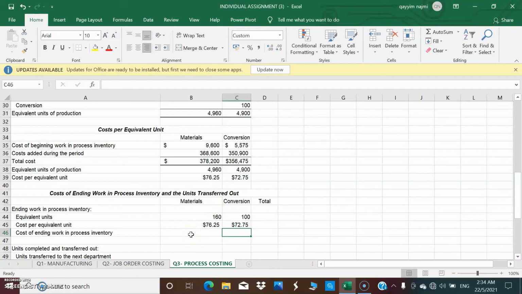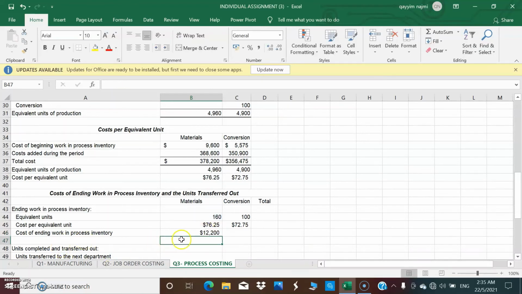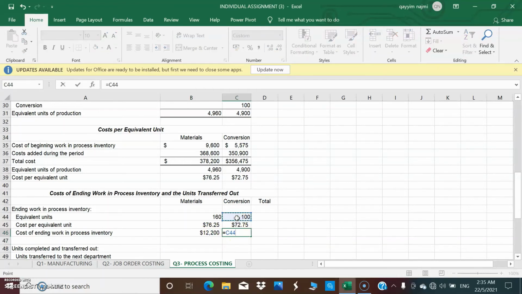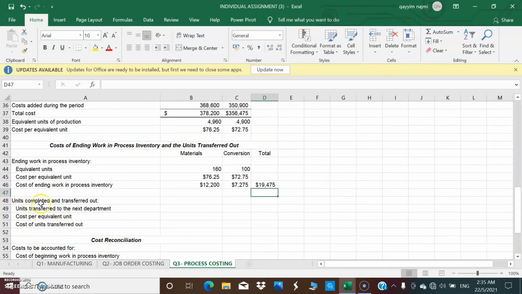We total up the material and conversion. The total cost of ending work in process is 19,475.